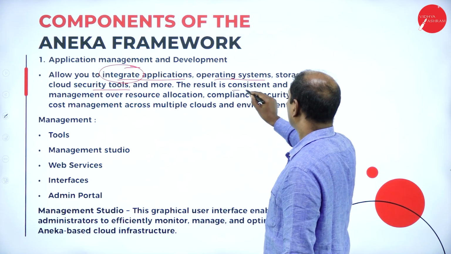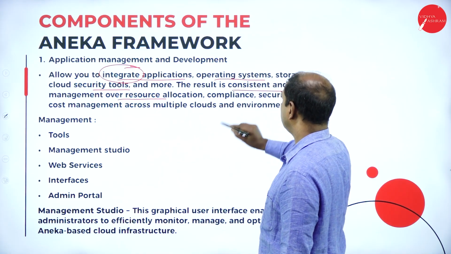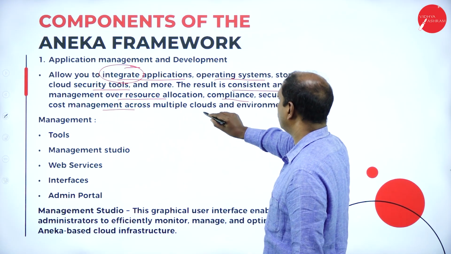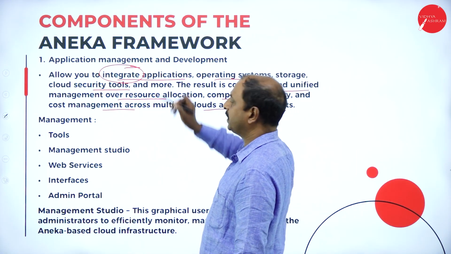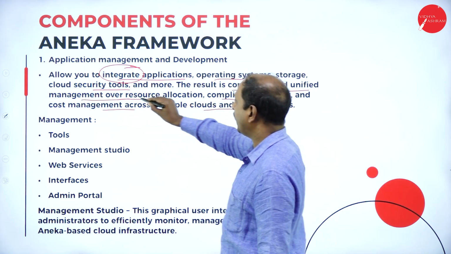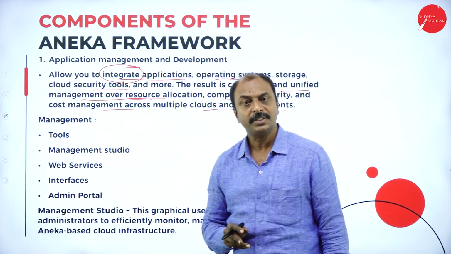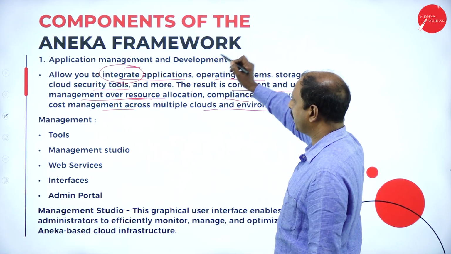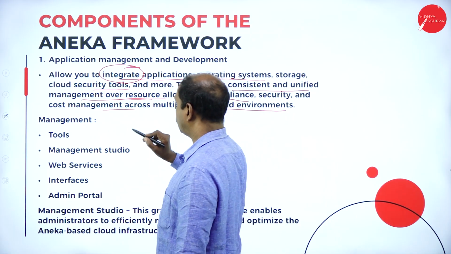The result is consistent and unified management over resources, allocation, compliance, security, and cost management across multiple clouds and environments. So the function of application management is to manage different resources; all the resources are managed by this application management and development layer through different tools.